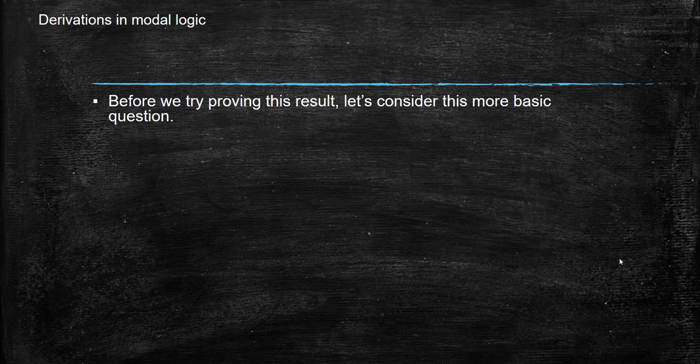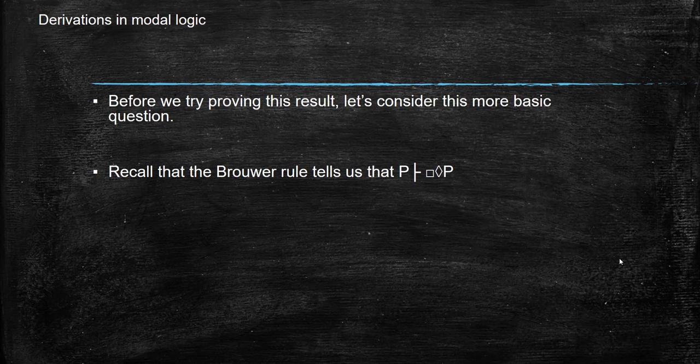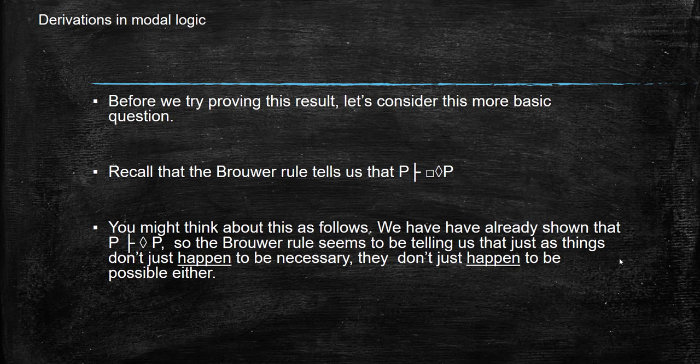So before we try proving this result, let's consider this more basic question. Recall that the Brouwer rule tells us that P yields necessarily possible P. You might think about this as follows.